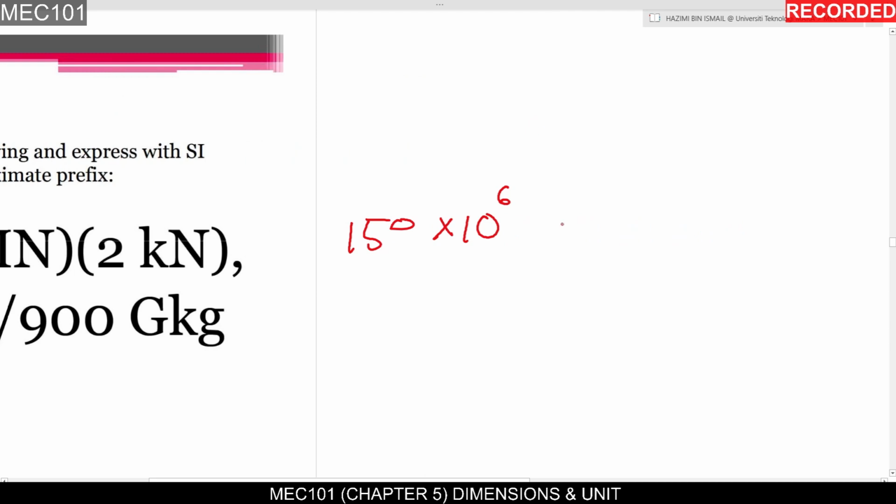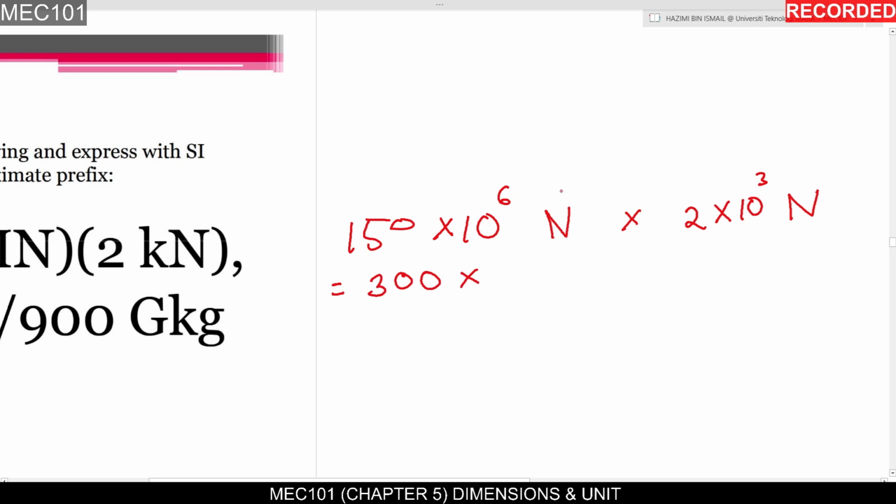Then you multiply with 2 kilonewtons. Kilo means 10 to the power of 3 newtons. The mathematical operation here is very straightforward. You just multiply 150 times 2 and you get 300.